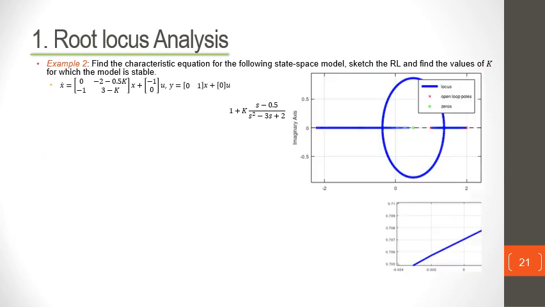With that, we can now begin to answer the question of how do you make the model stable, right? So in this instance, what values of k make the model stable? We see that there are 2 points where these changes happen. So first of all, we see the k will increase as initially stated. So the k will increase when the poles move from this side up until this point.